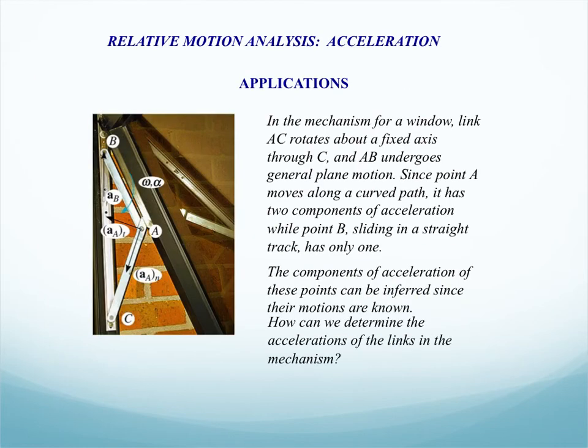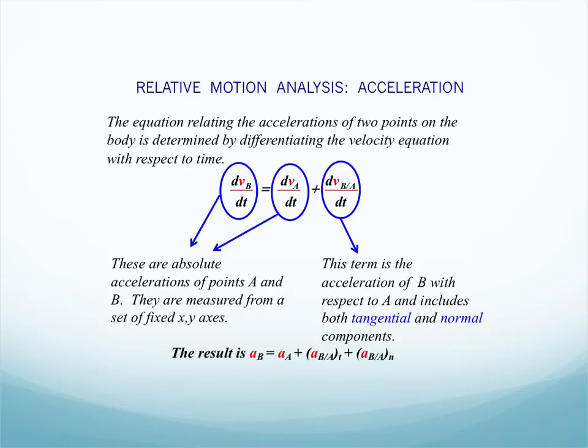So the last thing I wanted to talk about is, we did all these relative motion analyses with velocities, but what about acceleration? So if we used our expression, we said the velocity of B was equal to the velocity of A plus a term that gave us the relative velocity of B with respect to A. To do the acceleration, we just want to take the time derivative of that.